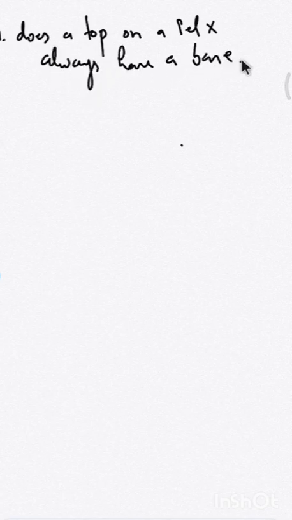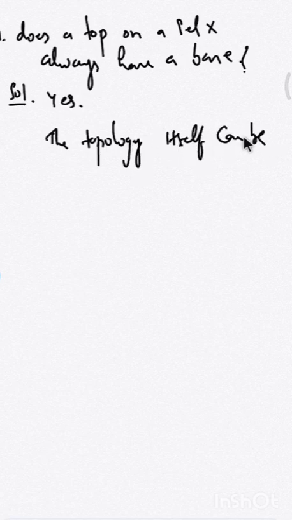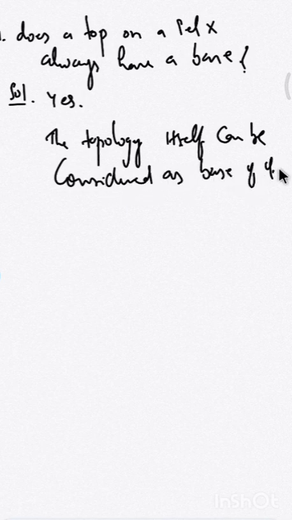Yes, because every topology can be considered as a base for itself. The topology itself can be considered as a base of it. Therefore, every topology always has a base.